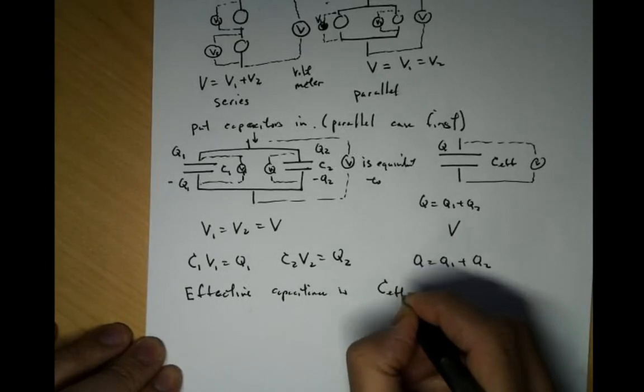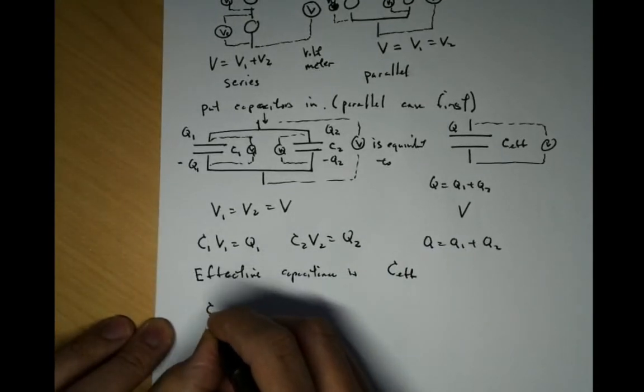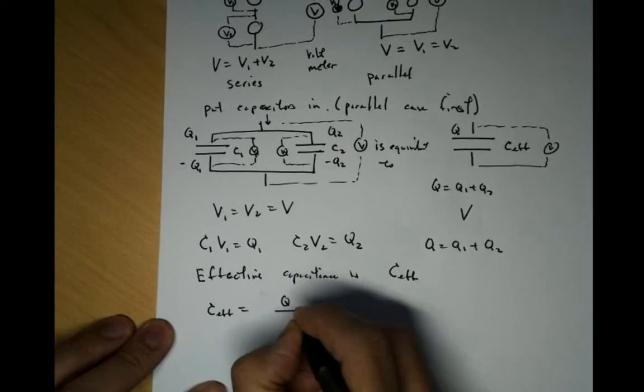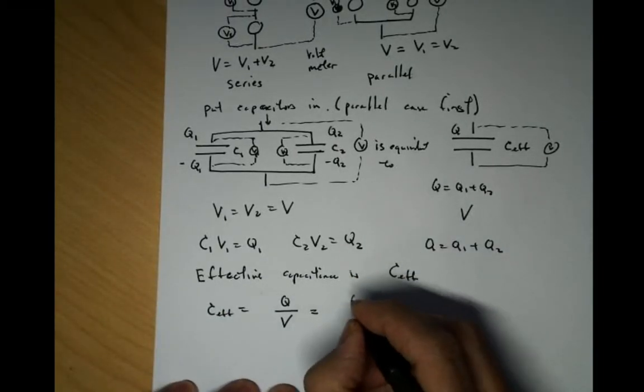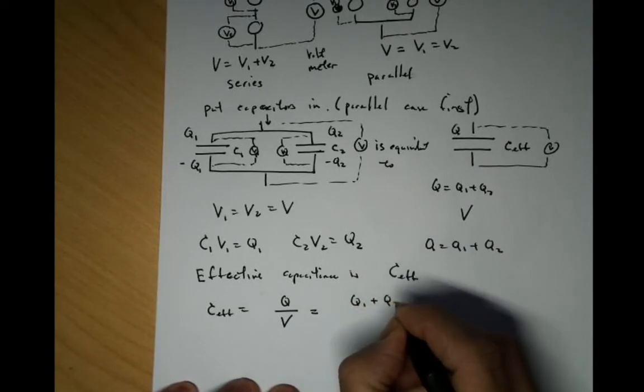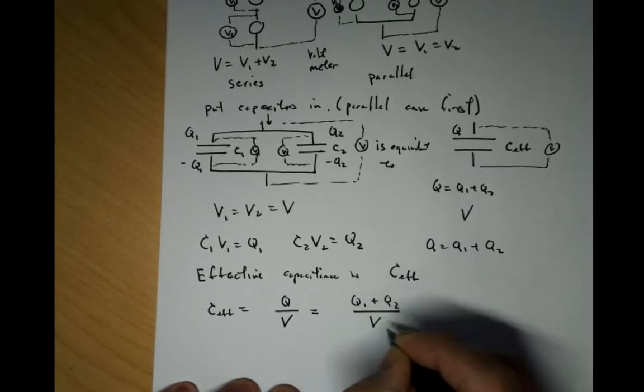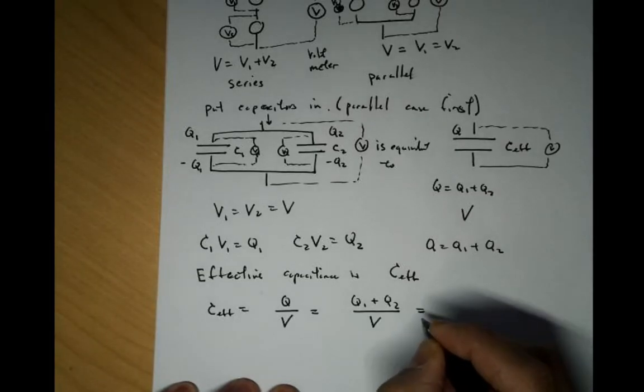C effective is equal to Q over V, and this is going to be equal to Q1 plus Q2 over V. Well, I do know what Q1 is.